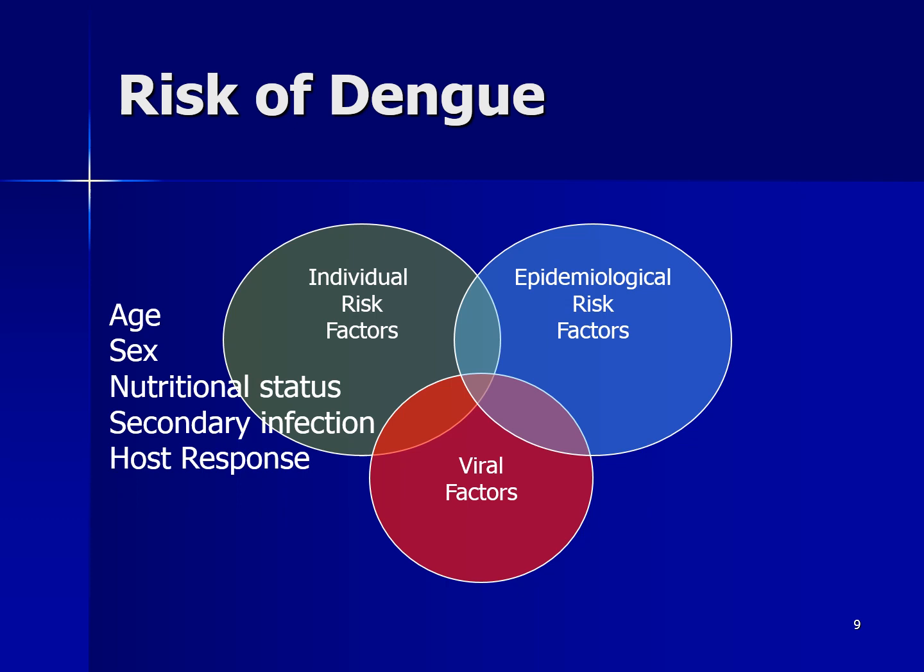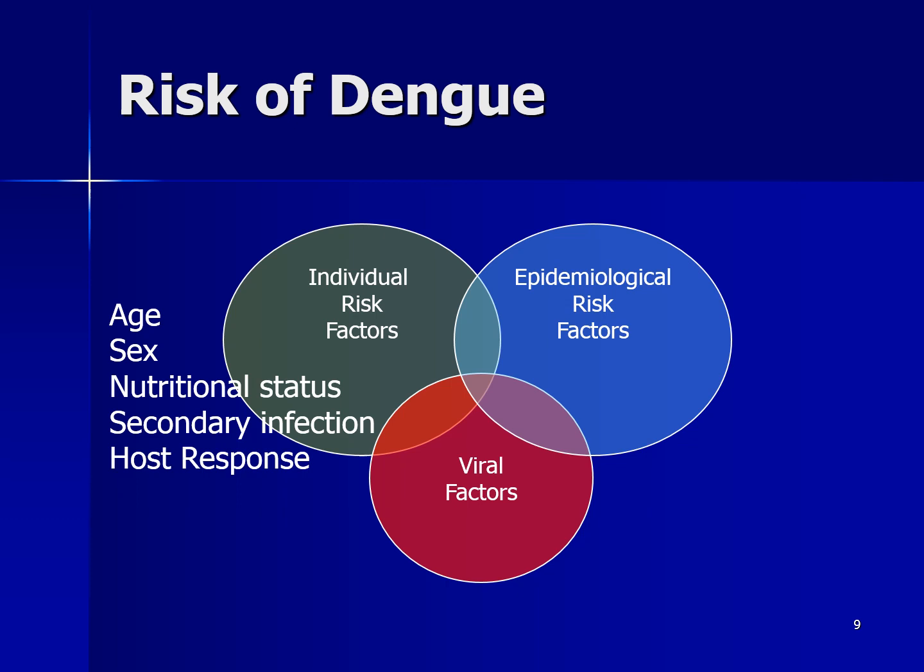For age, there is no specific age range, but certain studies have found that people aged more than 19 years are more at risk of getting dengue fever. For sex, there is no difference in who gets more disease. Nutritional status, of course: if the person is more healthy and more nutritionally sound, he or she is less likely to get the disease.